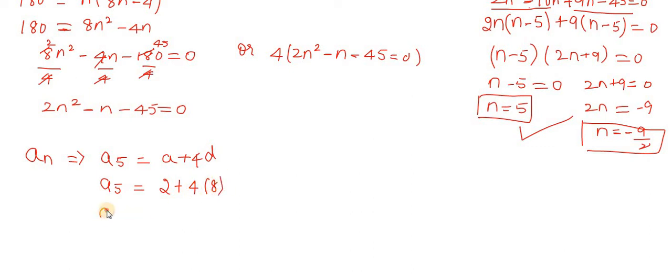What is 8 4s? 32: 8 1s are 8, 8 2s are 16, 8 3s are 24, 8 4s are 32. Now add: a5 equals 34.